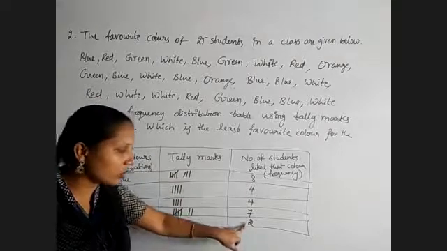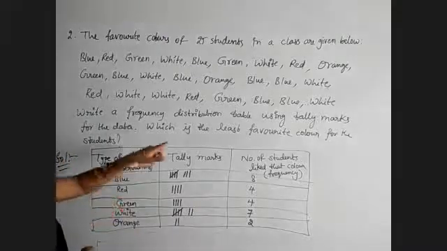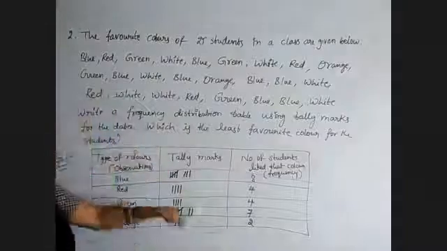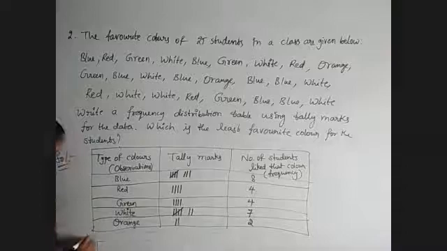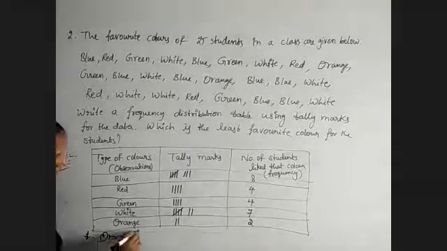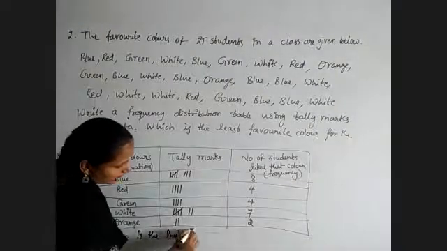See, just observe 2 people only liked this color and this color is orange. So which is the least favorite color for the students asking? Orange is the least favorite color for the students.